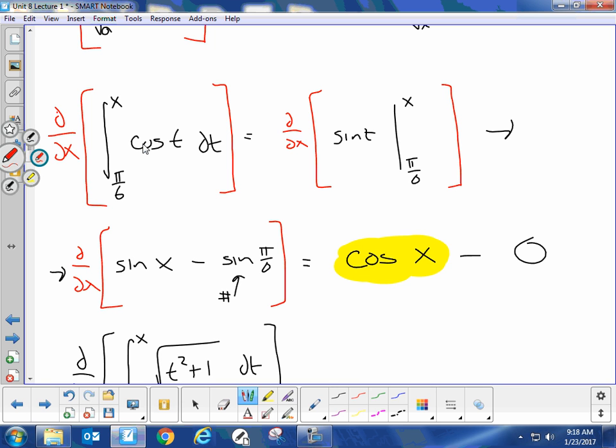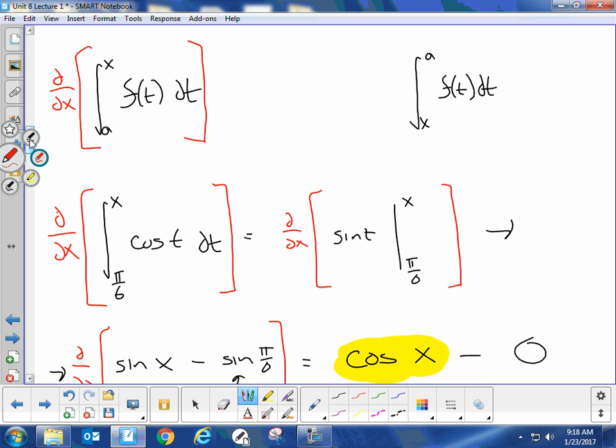We have to take the antiderivative to find the area, but then we're just taking the derivative of that antiderivative to get where we started. So what we find out is that for any function, the derivative of this accumulation function is just the function with the x plugged in. You just take that x and plug it in for t. You take the antiderivative using the fundamental theorem of calculus, and then if you take the derivative of that, you're back where you started.